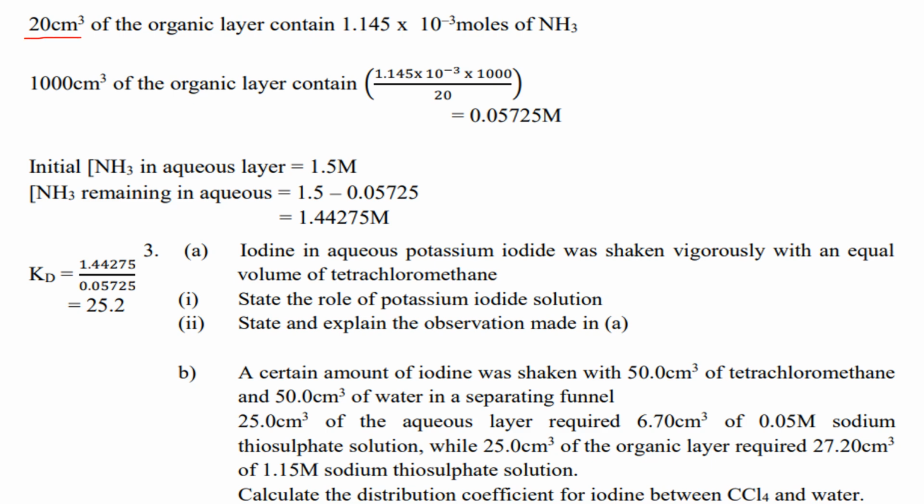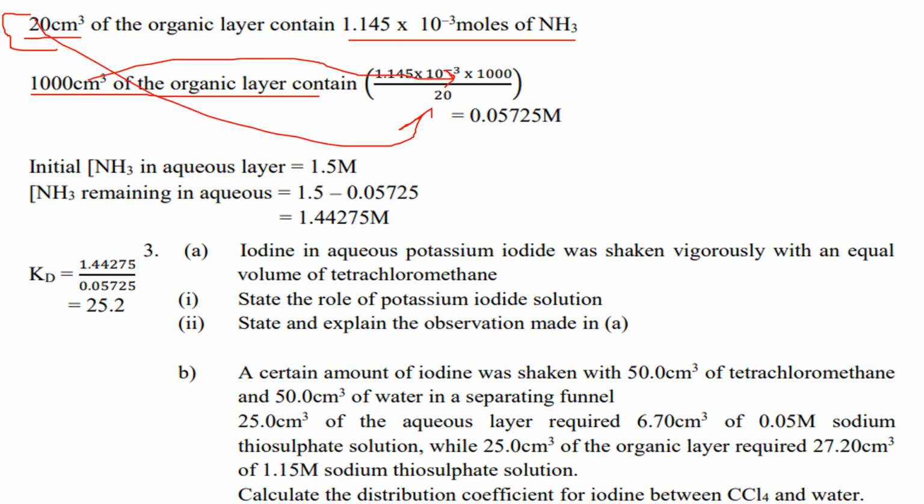That means that 20 centimeters cubed of the organic layer contains the moles we have calculated for ammonia. Then what about 1000 centimeters cubed of the organic layer? It is going to contain how many moles? So you do the math, you divide by 20 and then you multiply by 1000, and then you get 0.05725 molar as your concentration.